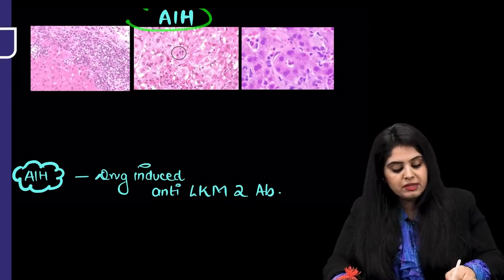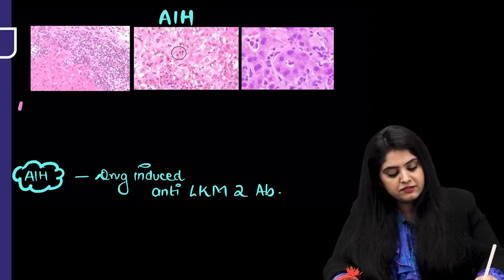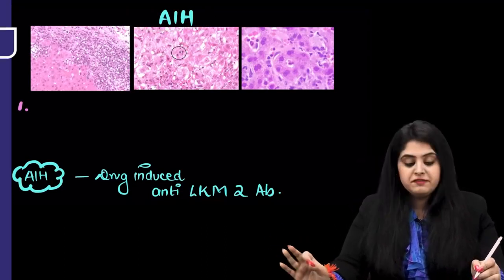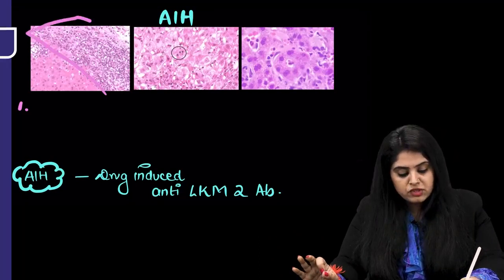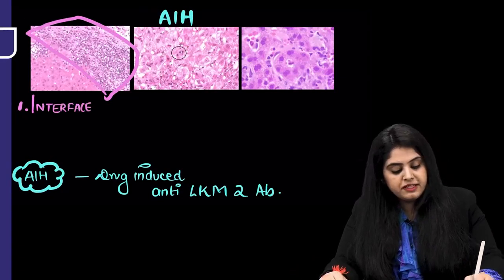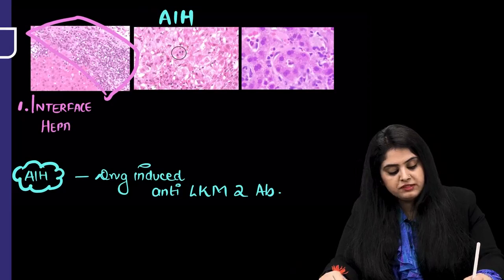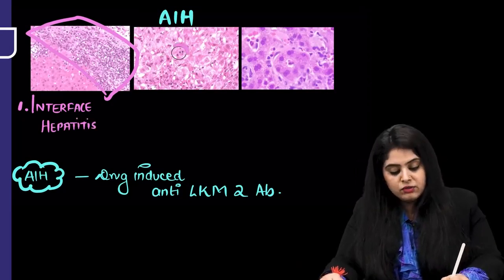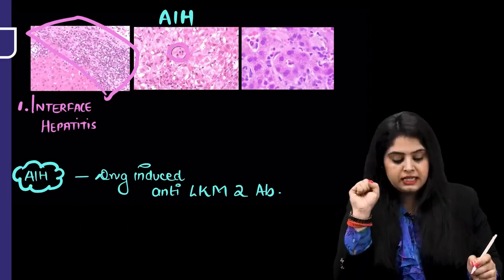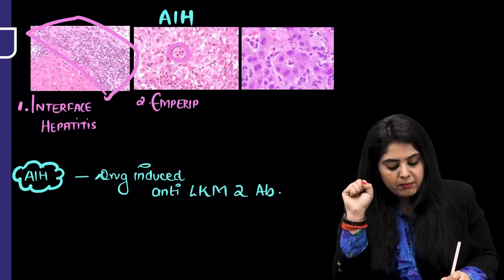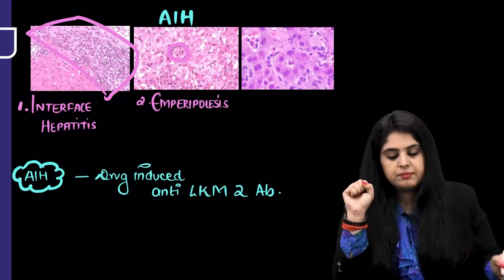And what is autoimmune hepatitis going to result in? Three things. Firstly, hepatitis, itis, inflammation. Lots of inflammation is seen, but where? At an interface. You say there is interface hepatitis. Other than that, can you see some small cells being eaten up? What is that situation which I taught you in the second chapter also? Emperipolesis is noted.